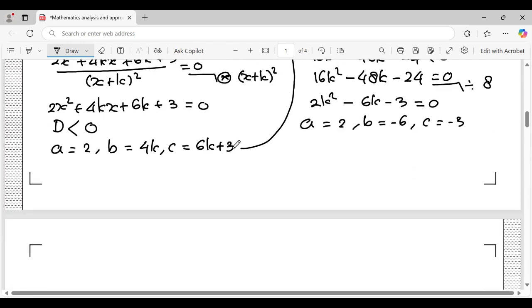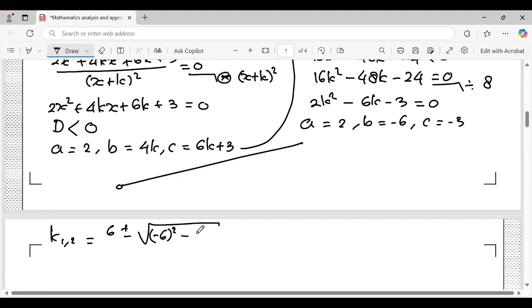Scroll down first. Okay. k1 and k2 equal minus b, it means 6, plus or minus square root of b squared, minus 6 squared, minus 4 times 2 times minus 3, divided by 2 times 2, because a equals 2.